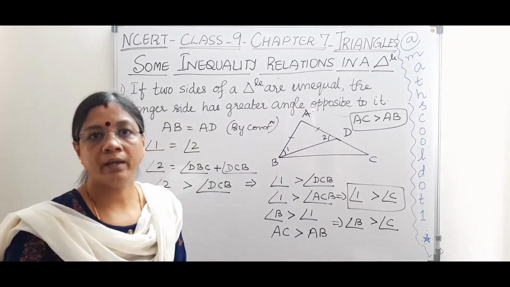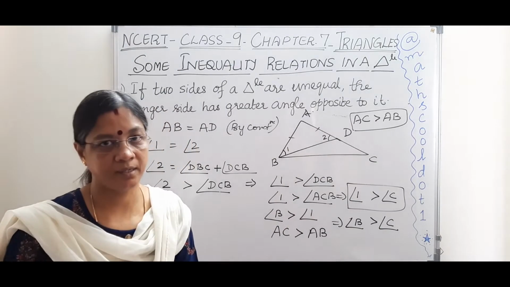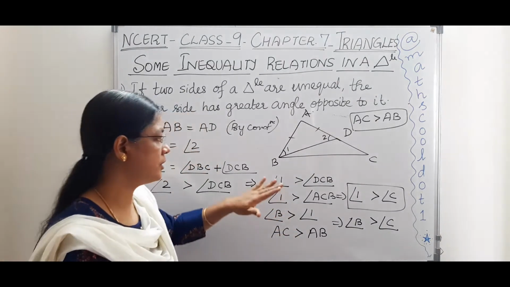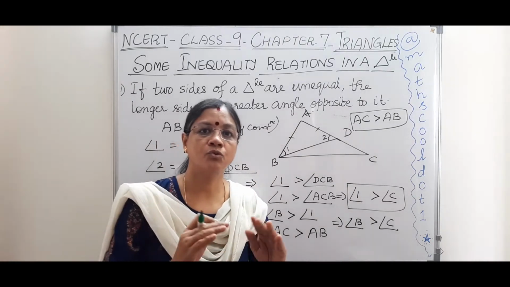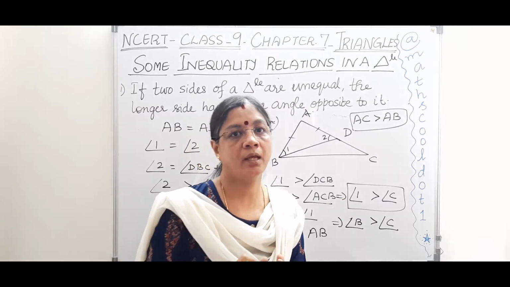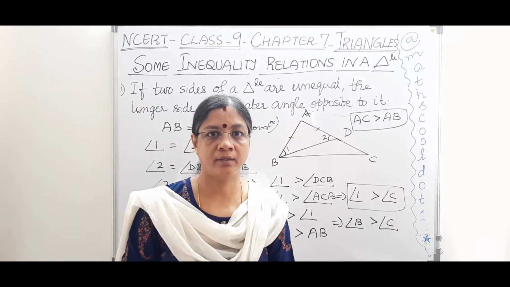So likewise we can prove the inequality relations in a triangle. Do you understand the inequality relation? Just like when two sides are equal, the angles opposite to those equal sides are equal, which gives an equality relation in a triangle.